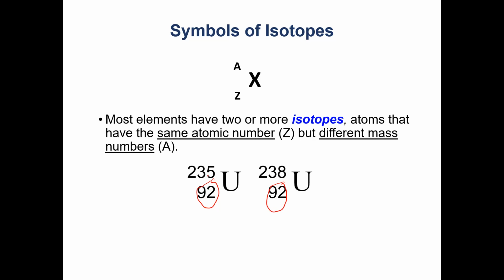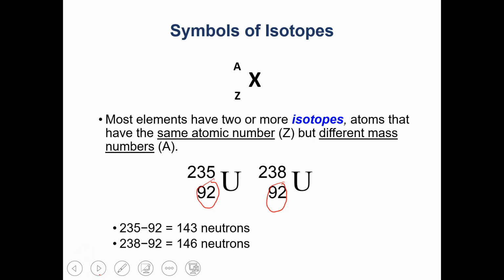One has a mass number of 235 and the other has a mass number of 238. So if we take the first example, 235 minus 92, that isotope of uranium has 143 neutrons. If we look at the other isotope, 238 minus 92 equals 146 neutrons. So they both have 92 protons, but one has 143 neutrons, whereas the other one has 146 neutrons.